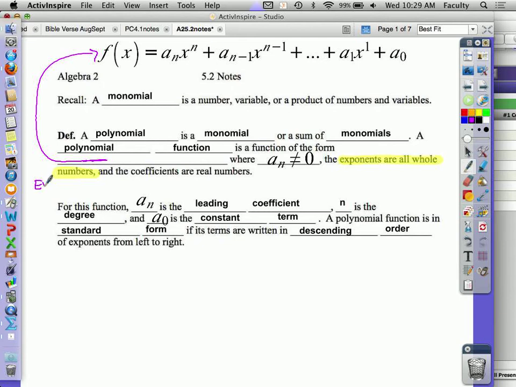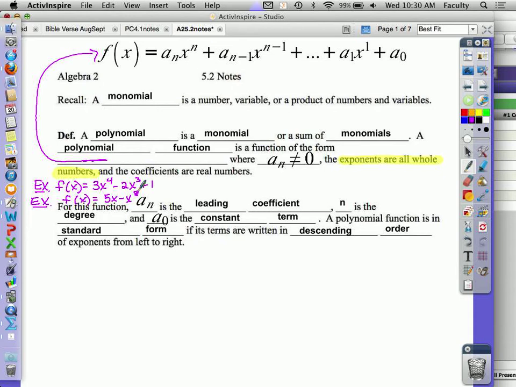For example, f of x equals 3x to the fourth minus 2x cubed plus 1, that's a polynomial. Here's another one: f of x equals 5x minus x to the 8th.